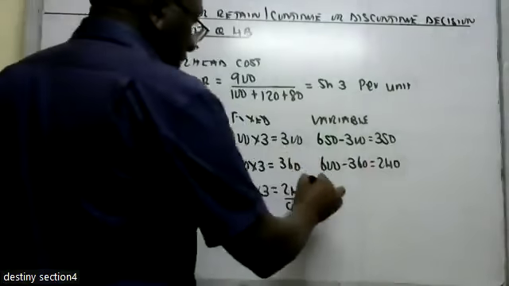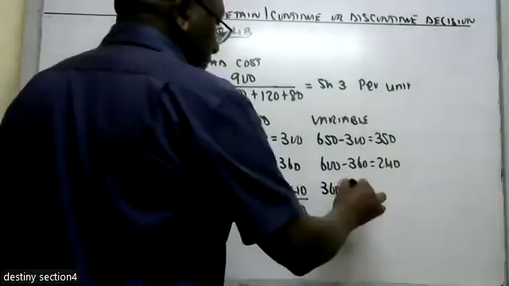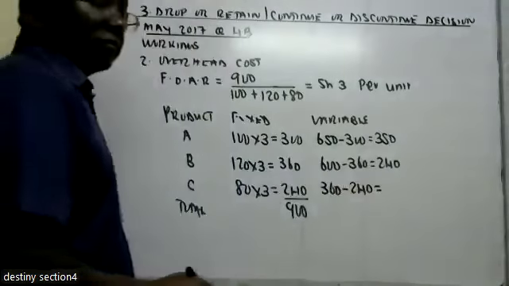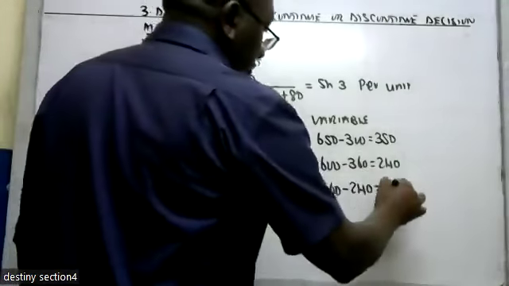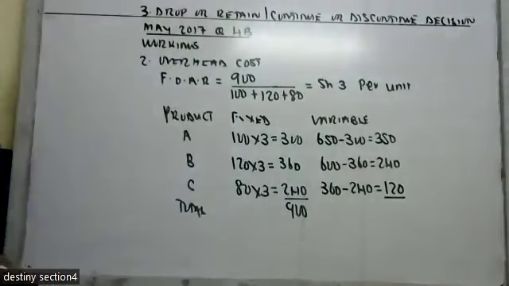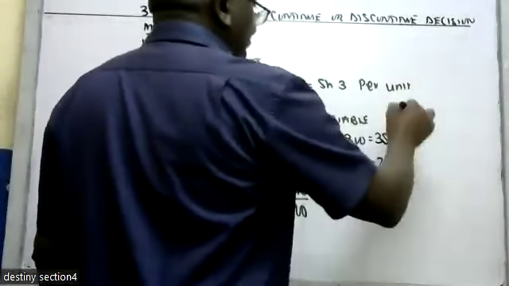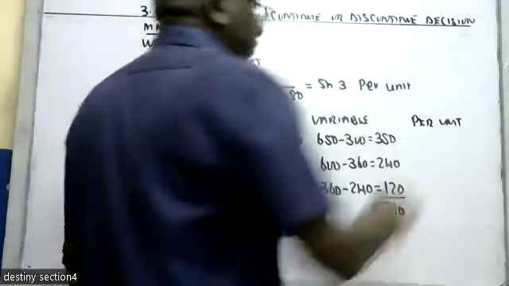Then we have 360 minus 240. That means we have 120. Give me the total of that. 710.